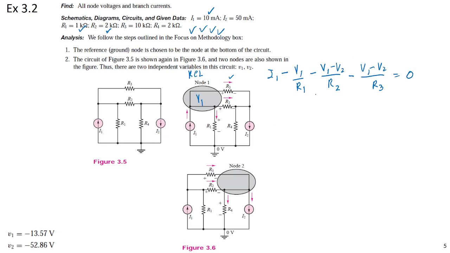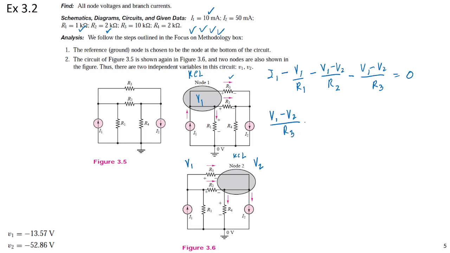Maybe I substitute later. I will take node 2 first. KCL at node 2. The current flow in is positive. The current flow here is V1, this is V2. V1 minus V2 divided by R3, right?